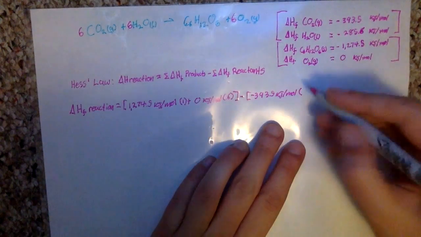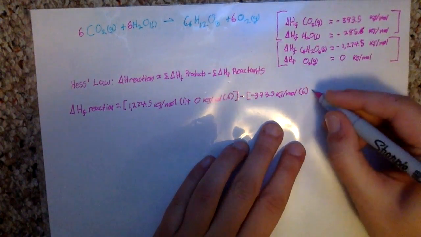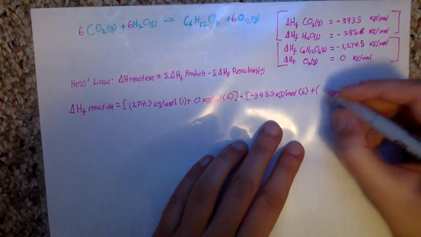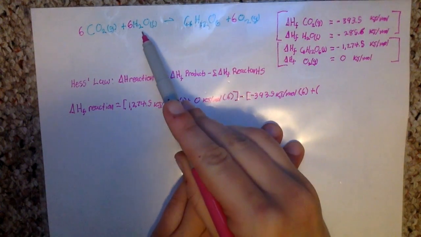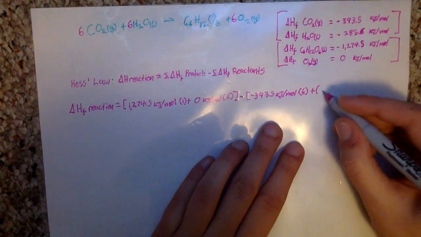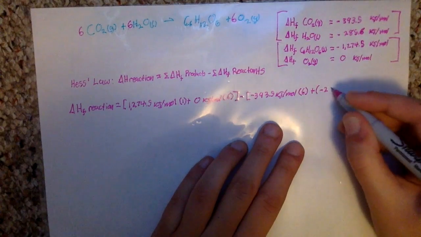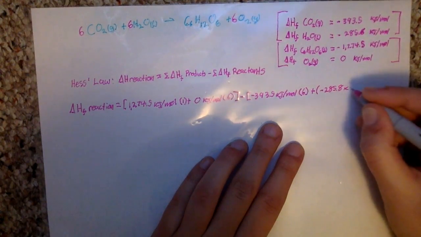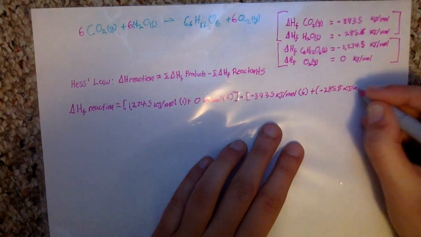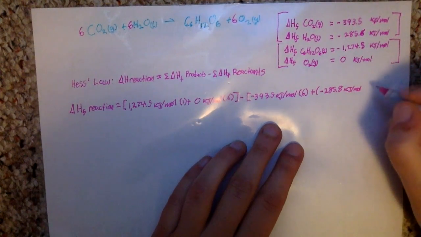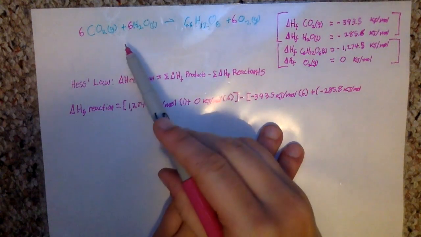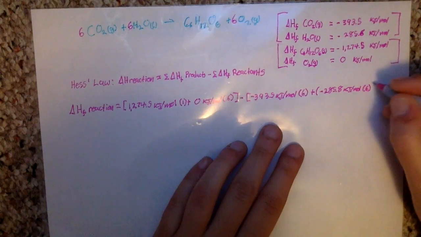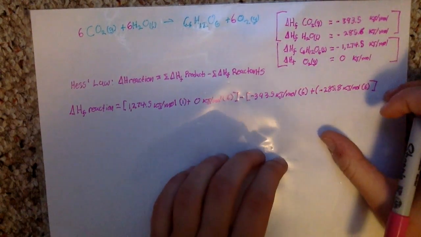Here we found it 6, and then we are going to add that to our last reactant, which is the water, the H2O. And here we see that that is going to be negative 285.8 kilojoules per mole, multiplied by the number of moles, which again is 6. And then we close off that bracket.